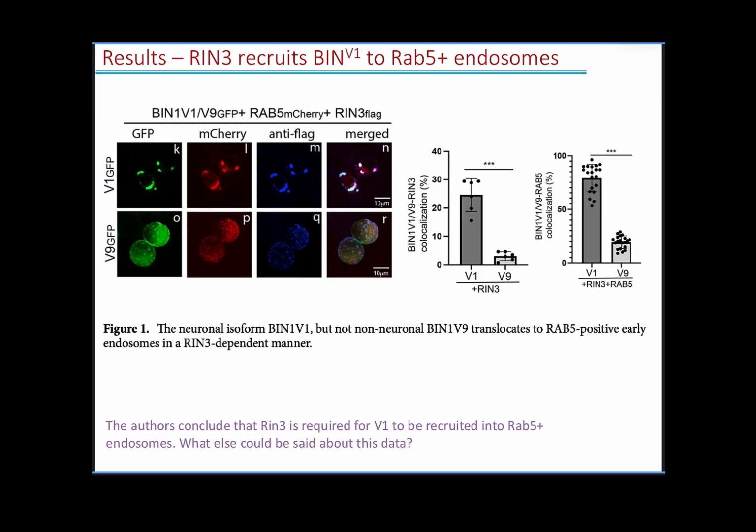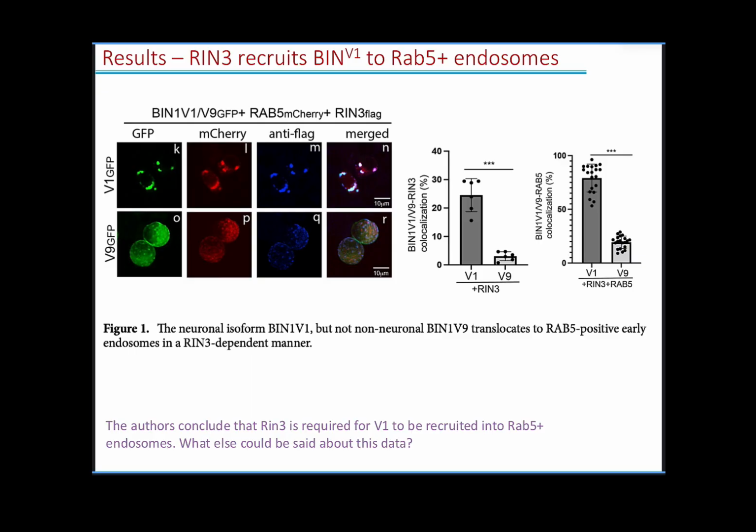Right? V9, it's only somewhere around 5 and, well, maybe a good 20% or so of the times that V9 co-localizes with these things, but V1, the rate of co-localization is significantly higher. Okay?